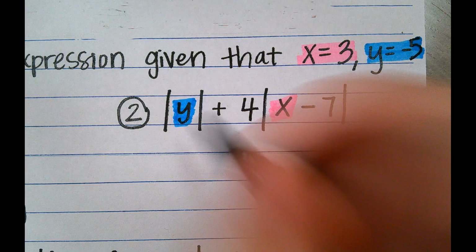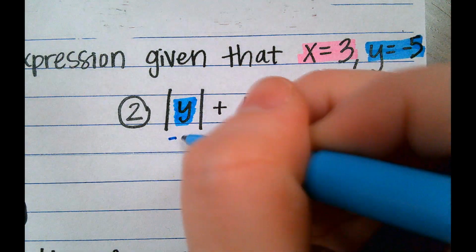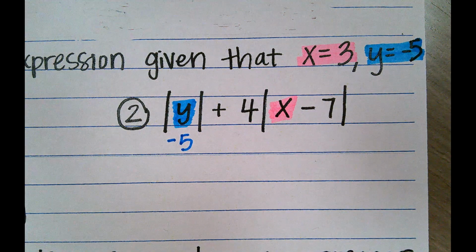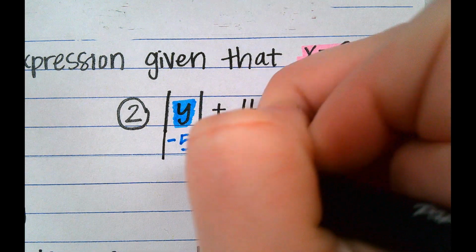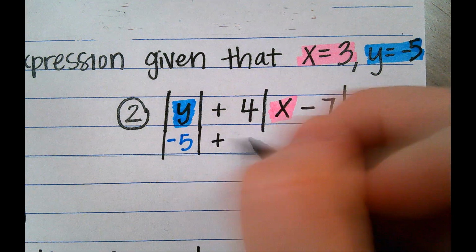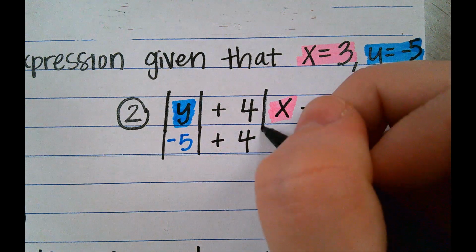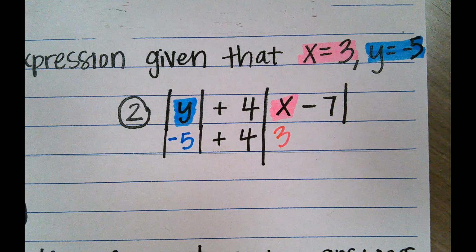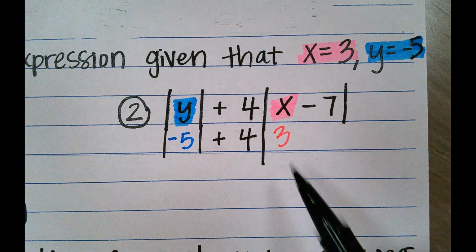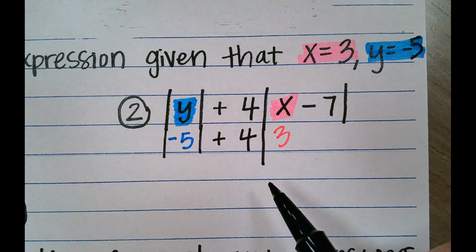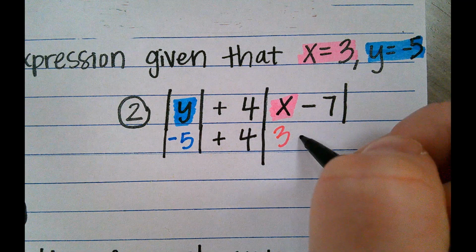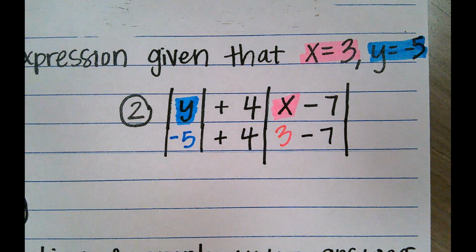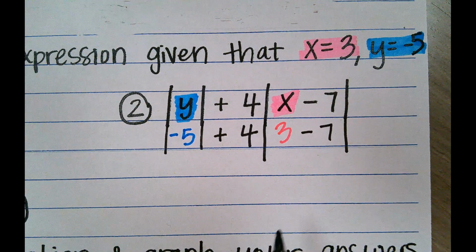Negative 5 in absolute value bars, plus 4, absolute value bar, 3 in parentheses, you don't have to, and then minus 7. Okay, yes, if you're using the same color.